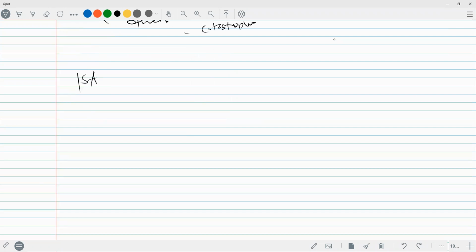ISA 580. This is on written representations. At the end of the day, don't forget that you do need to get some confirmation from the management.